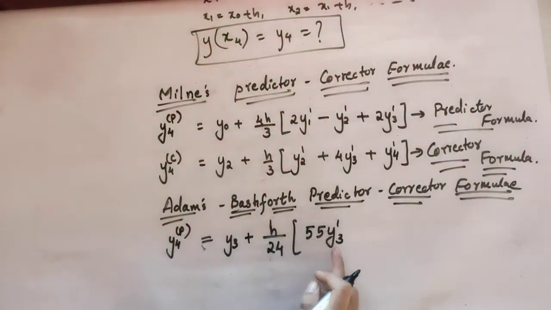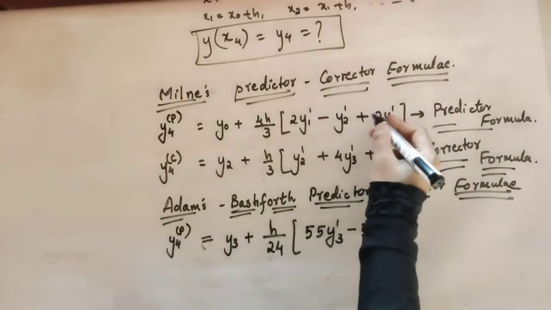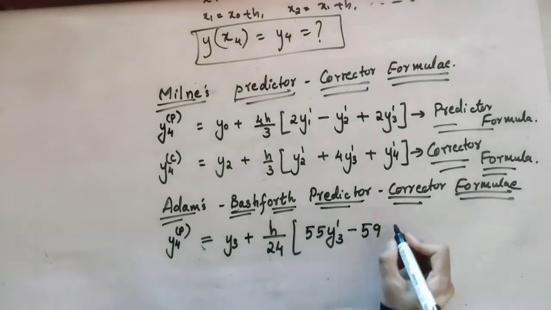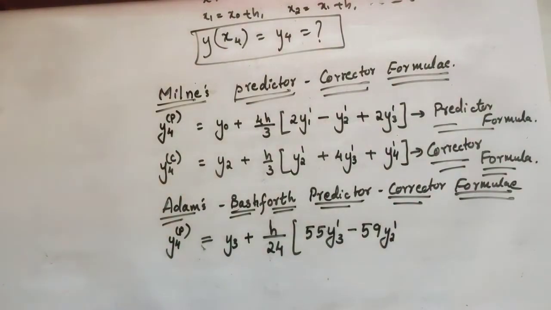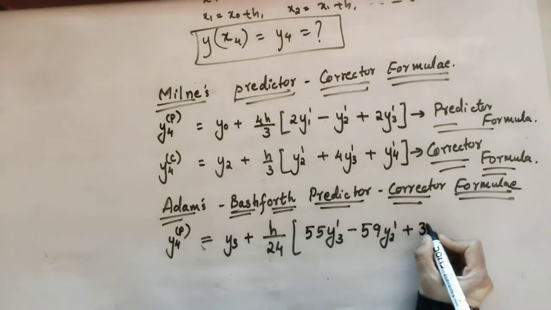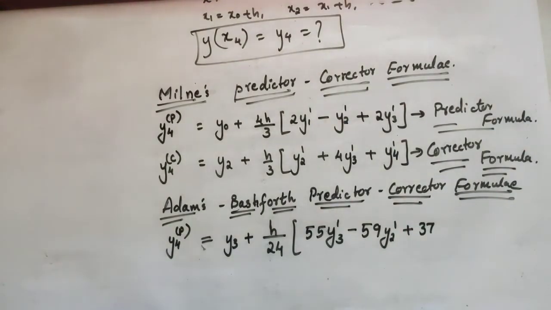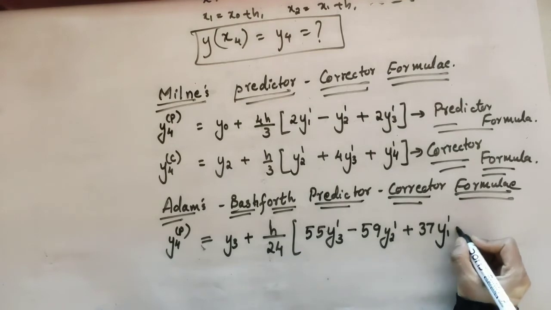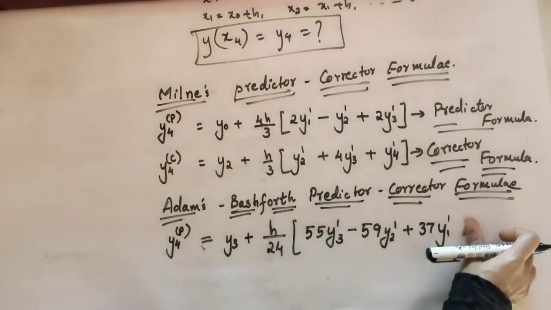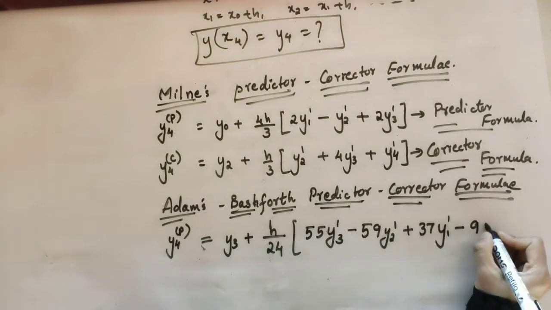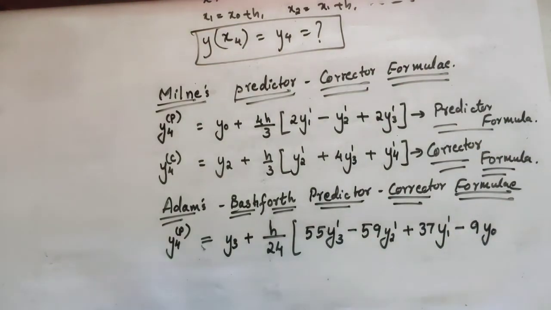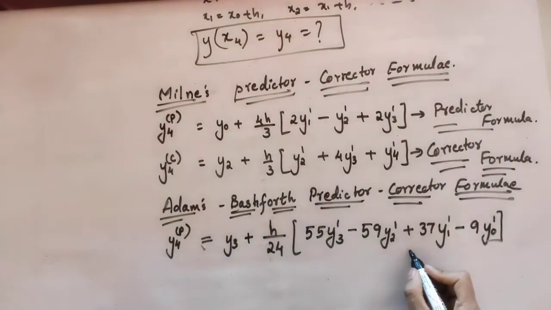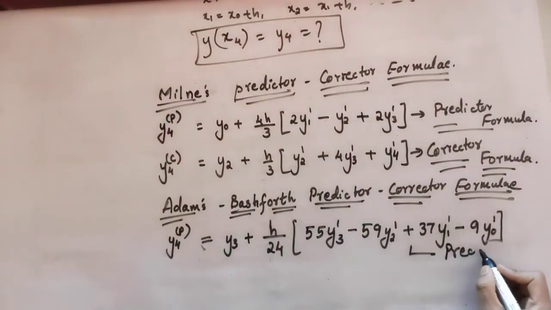You have 55 Y3 dash, quite weird coefficients. First is 55 Y3 dash minus 59 Y2 dash plus 37 Y1 dash, sorry, not plus, it should be minus 9 Y0 dash. So this is the predictor formula by the Adams-Bashforth method.